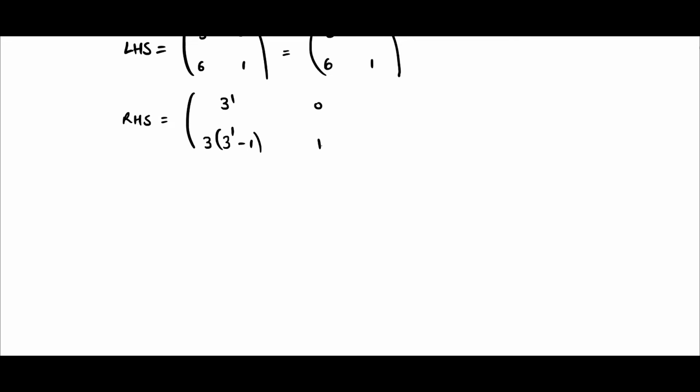Then here we have 3 times by 2, which is 6, 0, 1. Okay. And what we see over here is that the left hand side equals the right hand side, and therefore the statement is true for n equals 1.